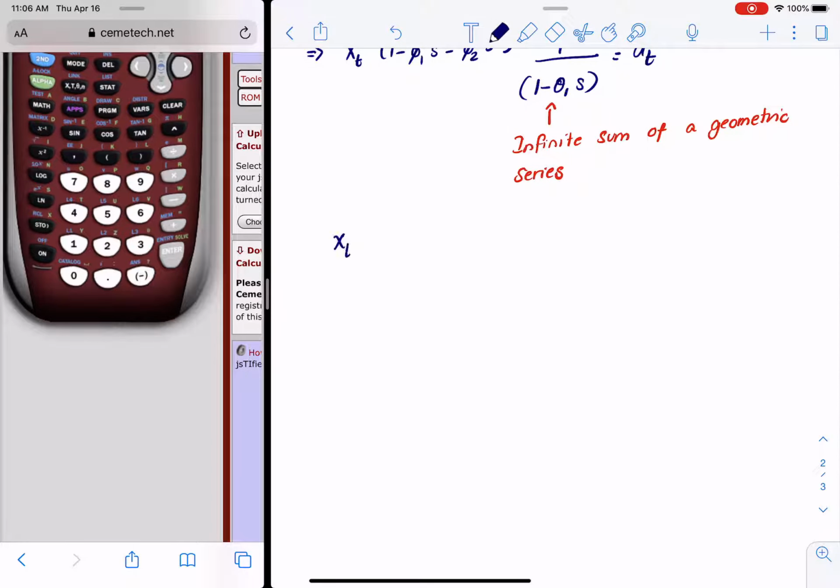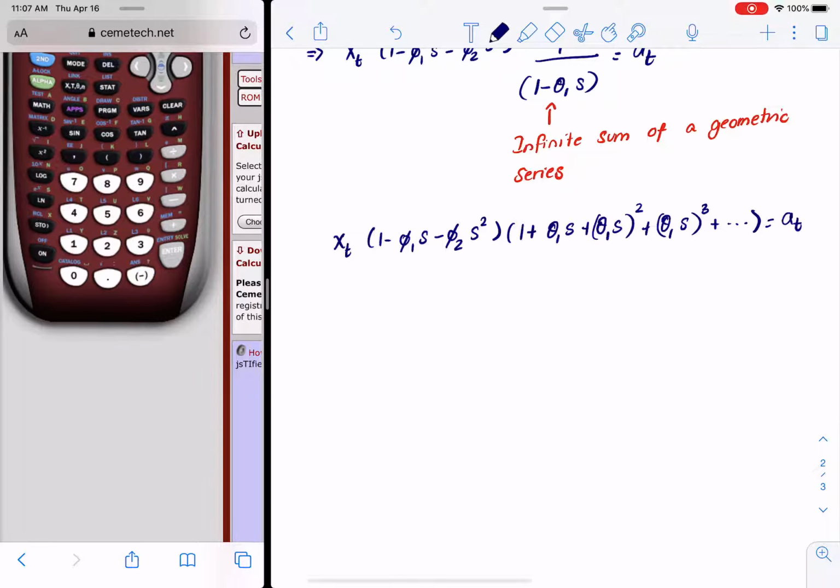So we would have x_t times (1 minus phi1 s minus phi2 s squared) multiplied by 1 plus theta1 s plus theta1 squared s squared plus theta1 cubed s cubed, and so on.